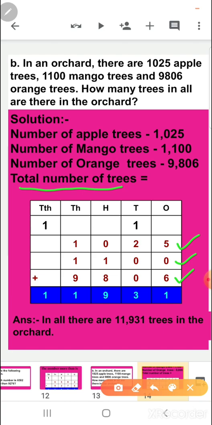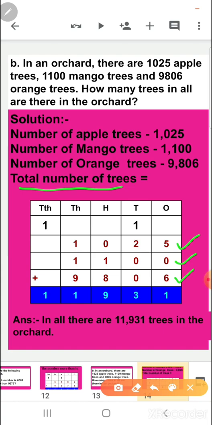So children, we have to draw the table properly and write all the numbers in the proper place. Then we have to add 1025 plus 1100 plus 9806.